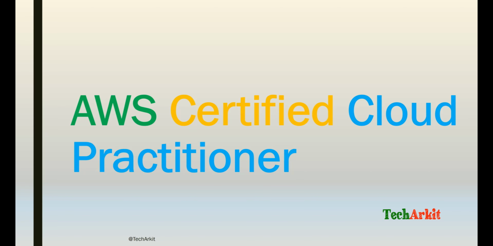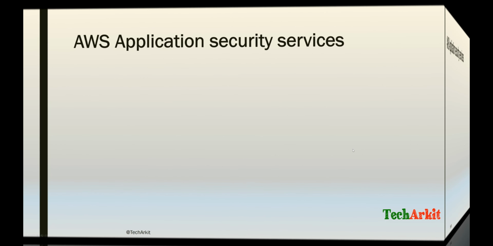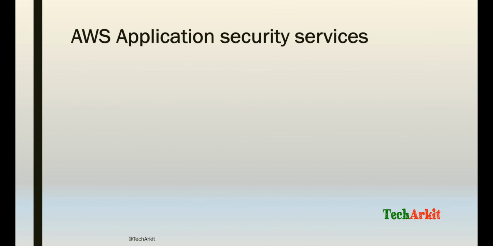The next video is about Application Security Services. What are the application security services, and how can we use them to secure our applications? Let's see. The first one is AWS WAF, Web Application Firewall, which protects your applications.